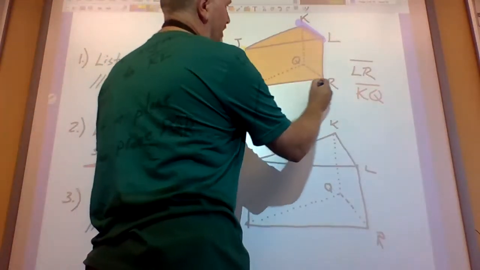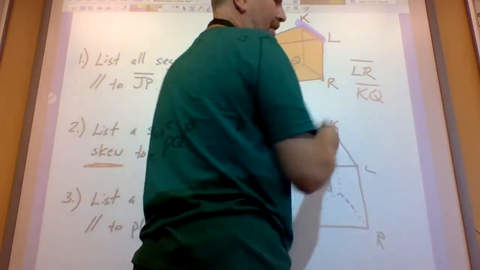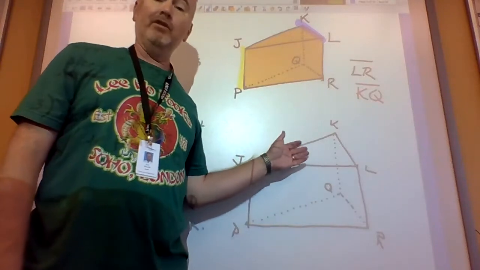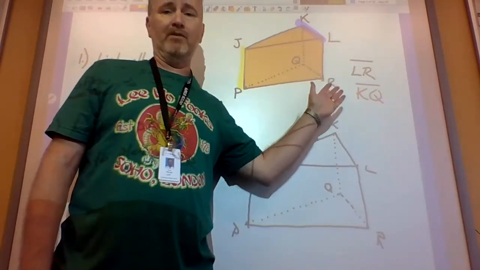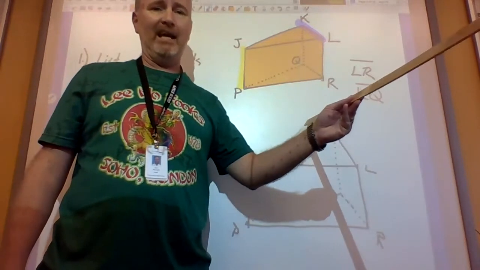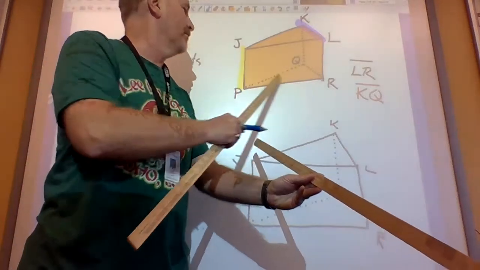PR would work. Now some of y'all are saying, but Mr. Metcalf, if you extend that and you extend this, they would hit. That's because this is on a two-dimensional board, and I'm drawing a three-dimensional figure, right? But in real life, the top back edge of the wedge of cheese would not hit the bottom front edge.